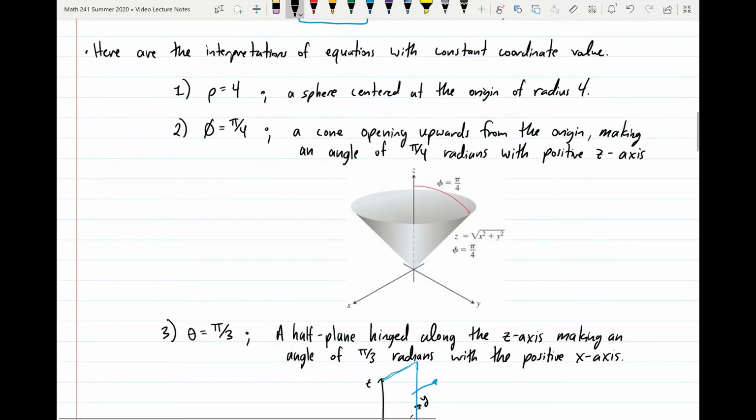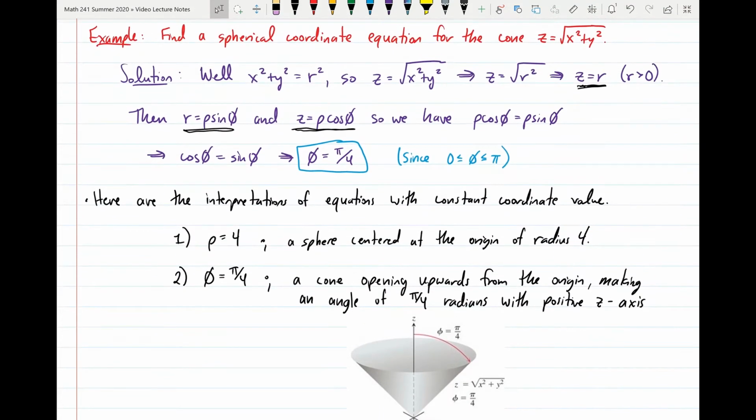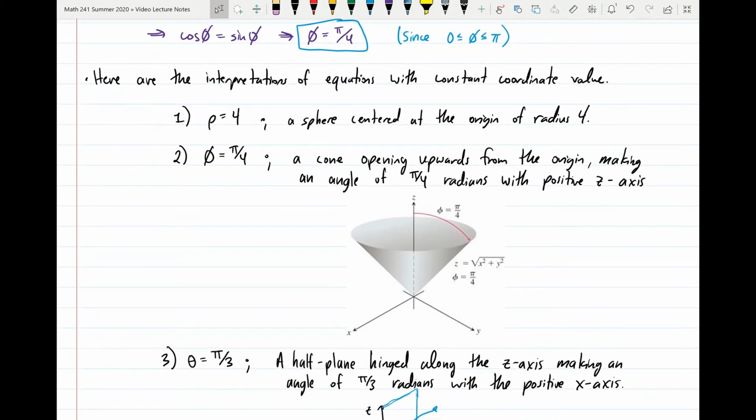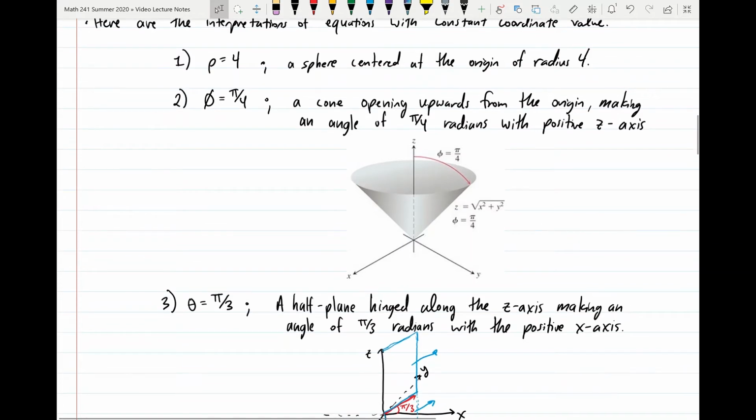of radius 4. If we have phi is equal to pi over 4, for example, which is what we just got in the example above, then this is going to be a cone that opens upwards from the origin that makes an angle of pi over 4 radians with the positive z-axis, and I have a picture for that here. The reason is that because we just have that phi is equal to pi over 4, rho is going to be unbounded.